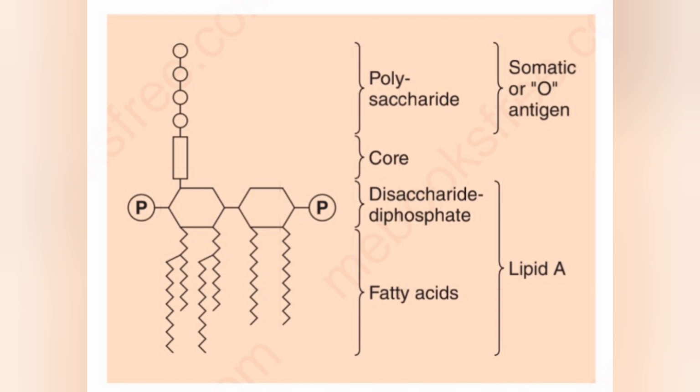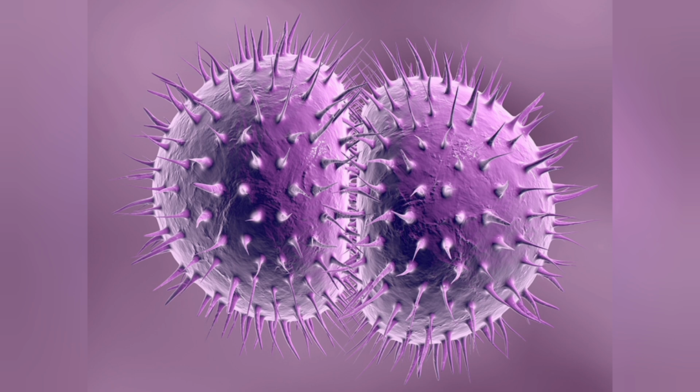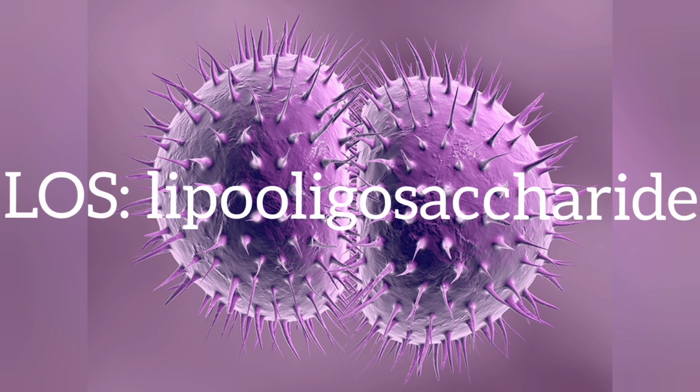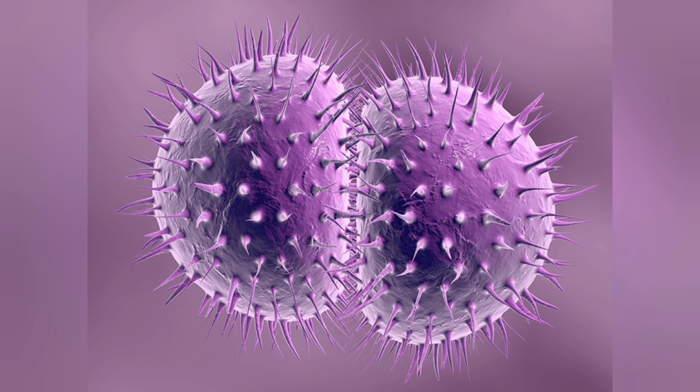This outer polymer is the important somatic or O antigen of several gram-negative bacteria that is used to identify certain organisms in the clinical laboratory. Some bacteria, notably members of the genus Neisseria, have an outer lipo-oligosaccharide (LOS) containing very few repeating units of sugars.